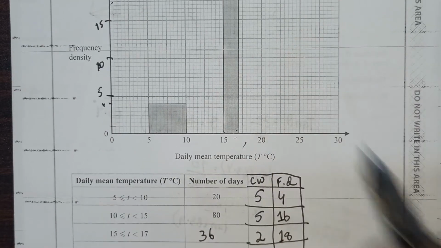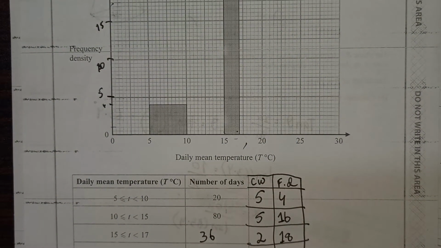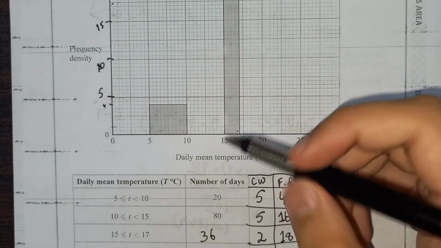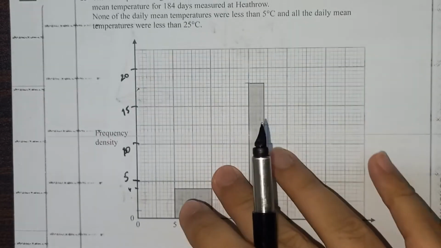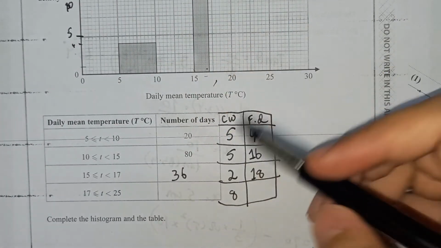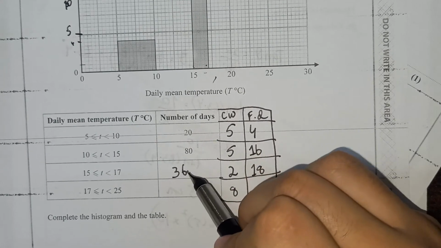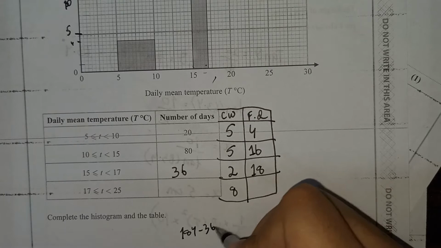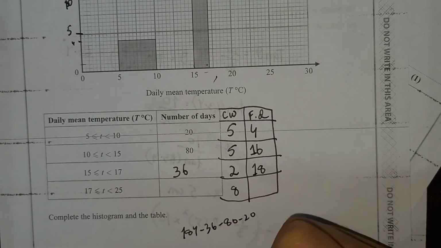And now what we will do over here, we know that the number of days were 184. So after 20, 80, and 36, how many days are left? Simply 184 minus 36 minus 80 minus 20.